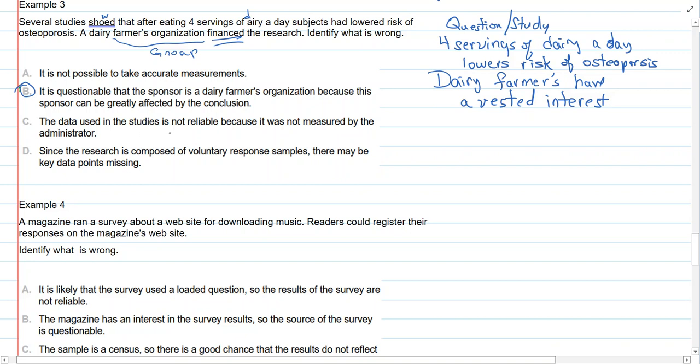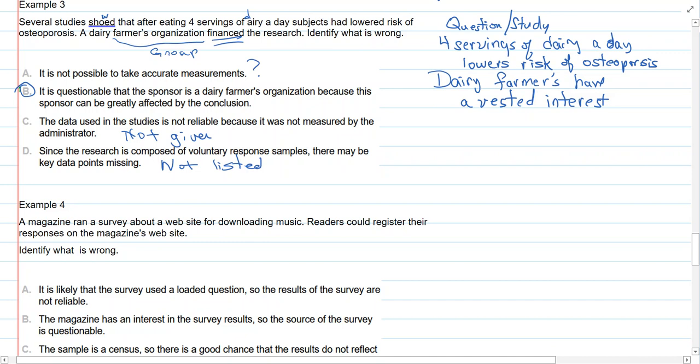Data used in the studies is not reliable because it was not measured by an administrator. We don't know that. Since the research is composed of voluntary, no, we don't know that either. Not listed, not given. And the accurate measurements, I don't even know what that is implying.